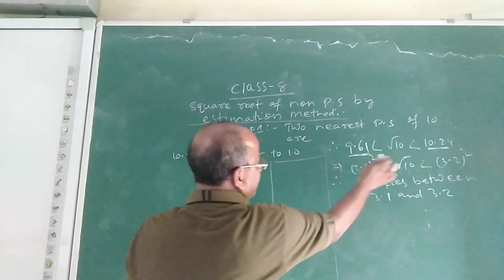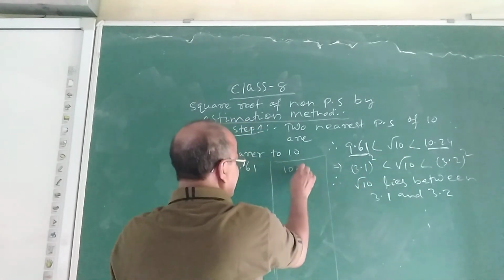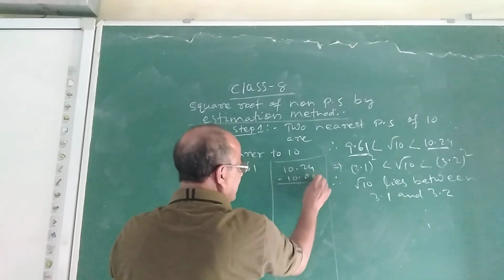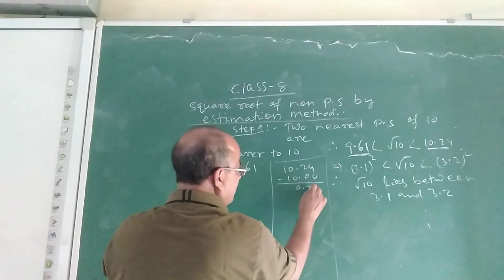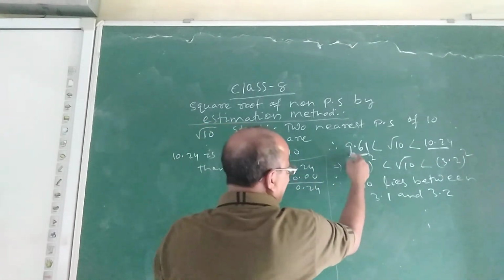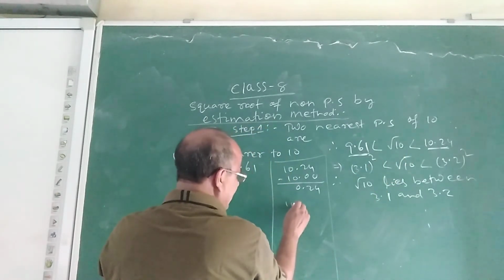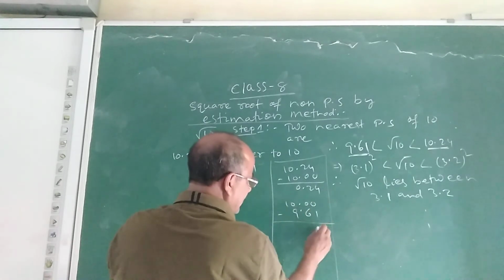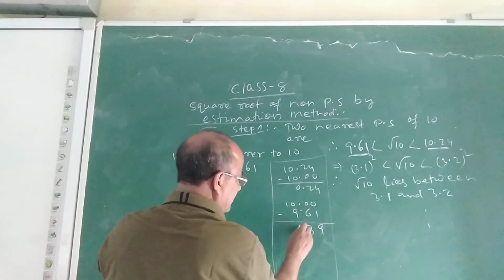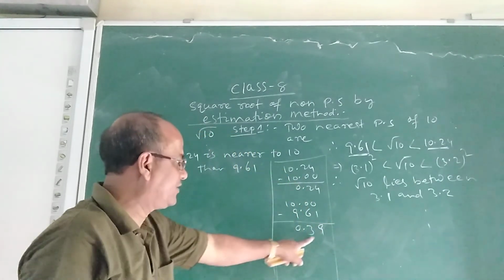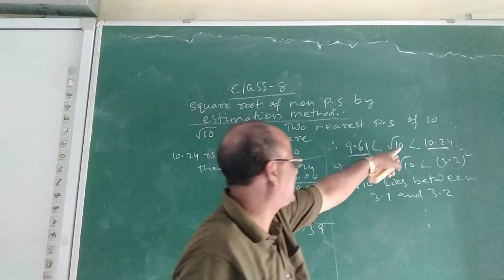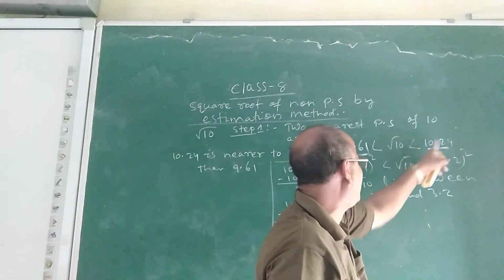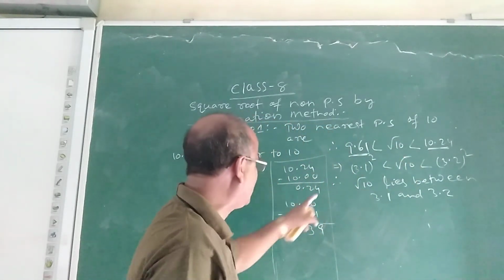Subtract 10 from 10.24. You will get 0.24. Then subtract 9.61 from 10: 10.00 minus 9.61 is 0.39. So 10 minus 9.61 is 0.39 and 10.24 minus 10 is 0.24.